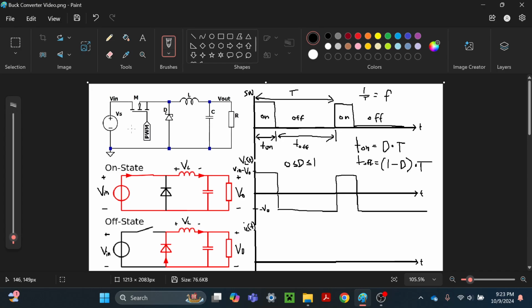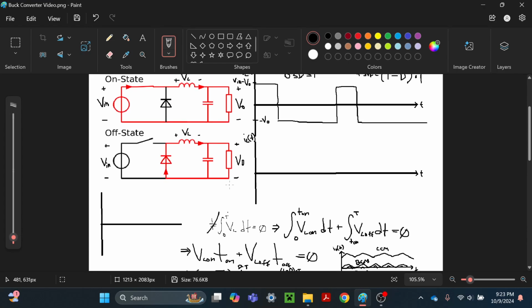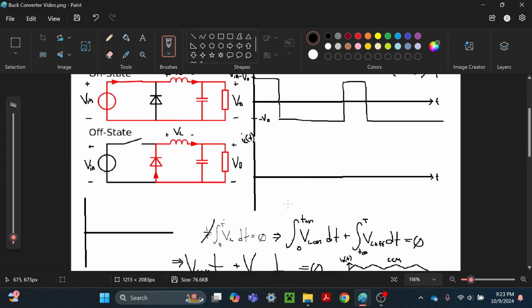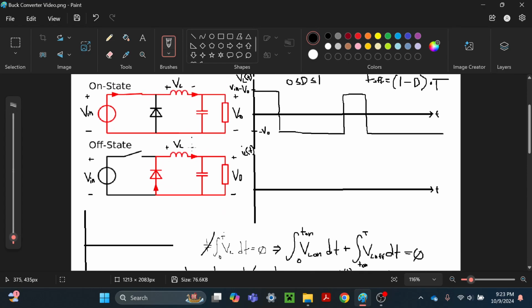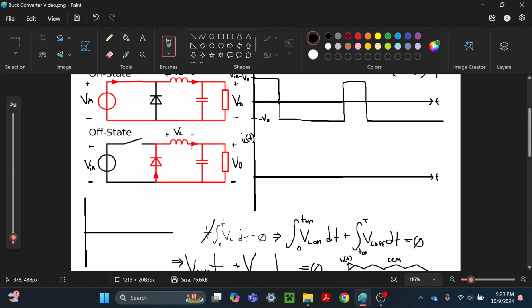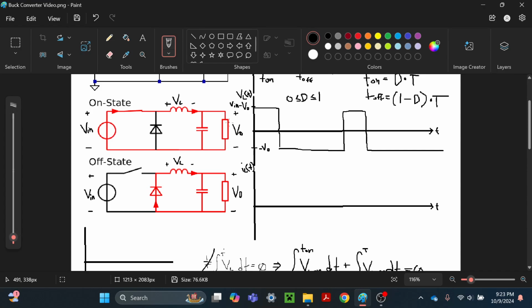We have this device and we're trying to take a high voltage and drop it to a lower voltage for whatever purpose is necessary, right? So now with this information, we can further investigate what the current in this inductor is going to be, which is important because the average current in this inductor is actually going to be the same as the output current to this load. This is the load right here.